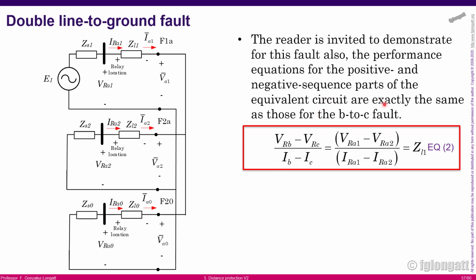Again, using some symmetrical component properties, what you need to see is that the positive impedance that the relay is seeing depends on the difference between positive and negative sequence, or in terms of phases B and C, the difference between voltage B and C and the currents B and C.